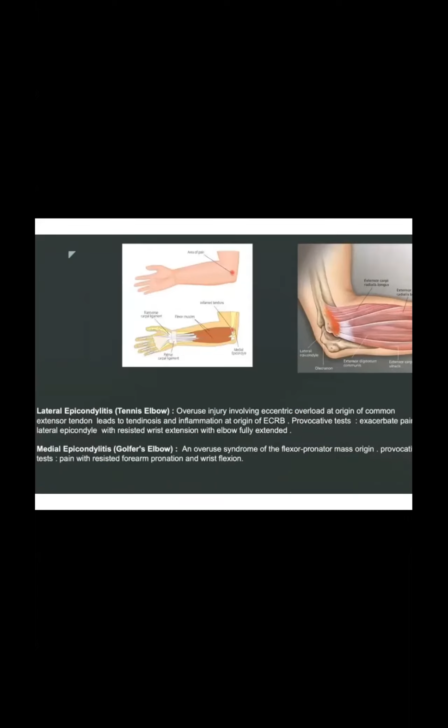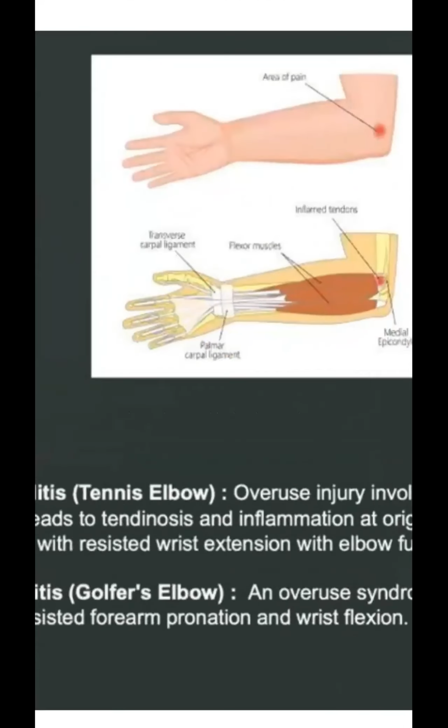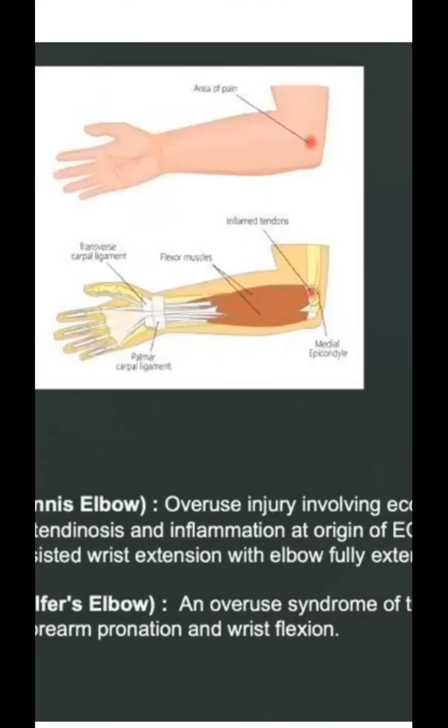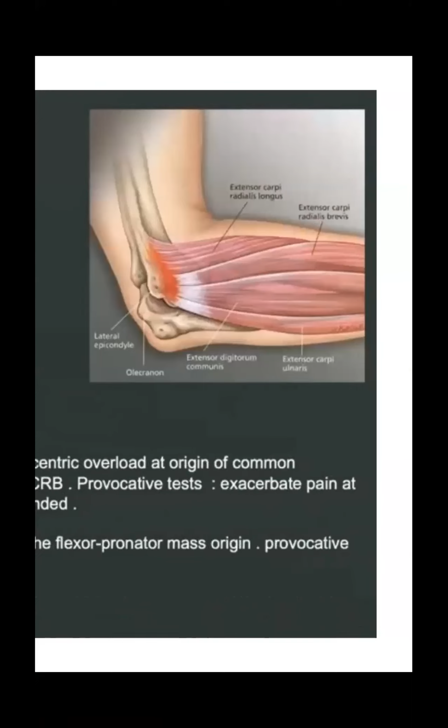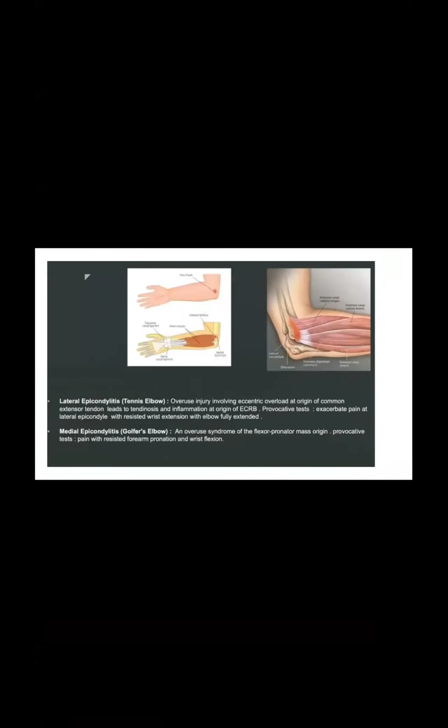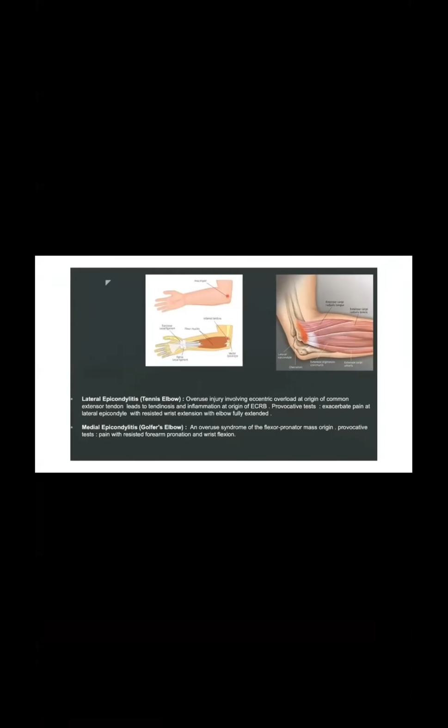This is the elbow. When trying to extend, it is painful: tennis elbow. This is the flexor. When trying to pronate the forearm, it causes pain: medial epicondylitis or golfer's elbow, with pronation of the forearm or wrist flexion.